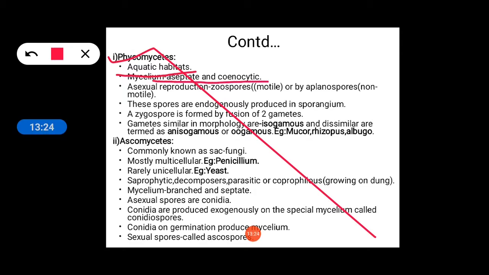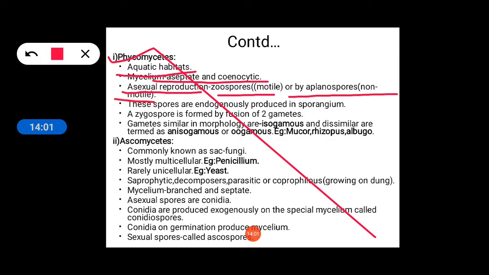Asexual reproduction takes place by zoospores when motile, or by aplanospores when non-motile.